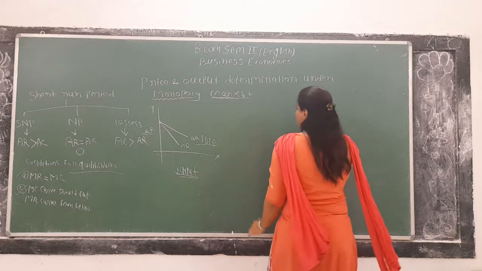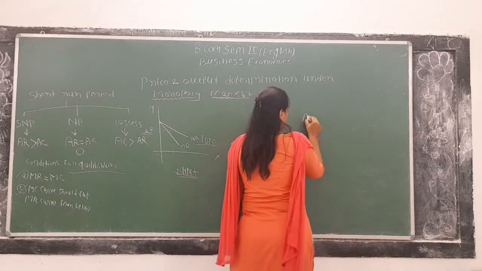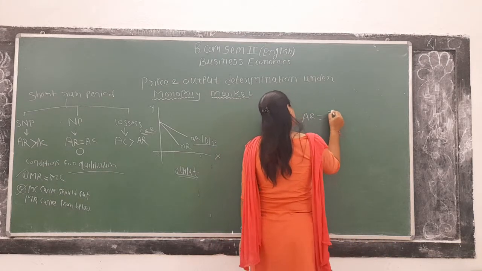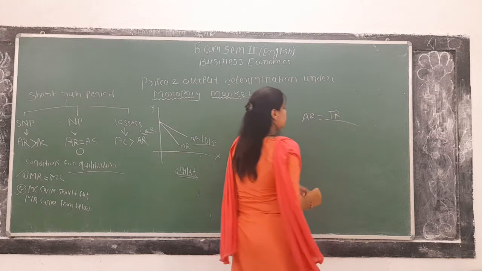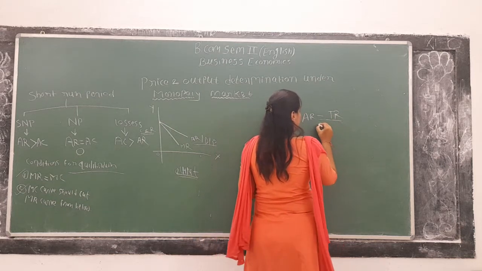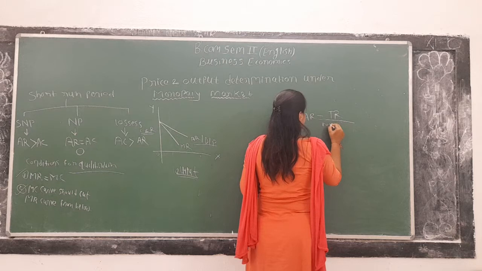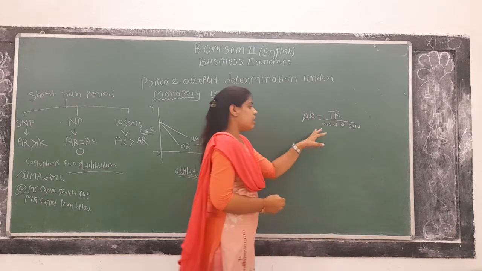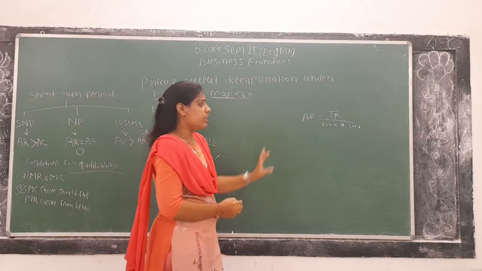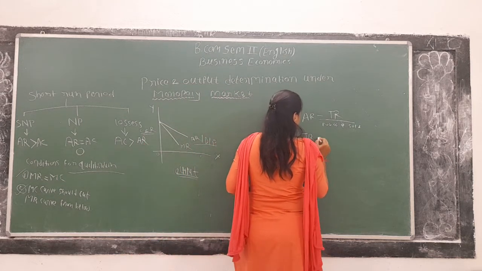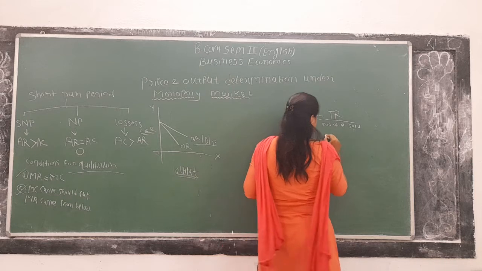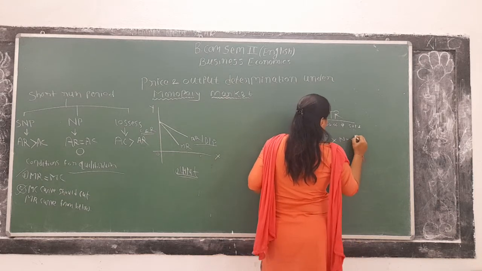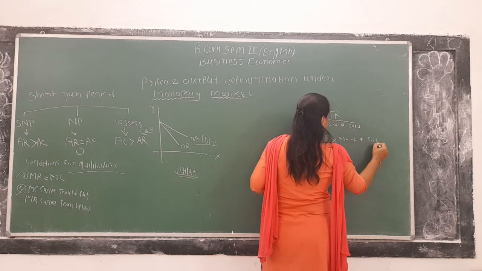And why is average revenue called price? What is the formula for average revenue? AR is equal to TR, that is total revenue, divided by the number of quantity sold. And if we want to determine the total revenue, the formula is price into number of quantity sold.